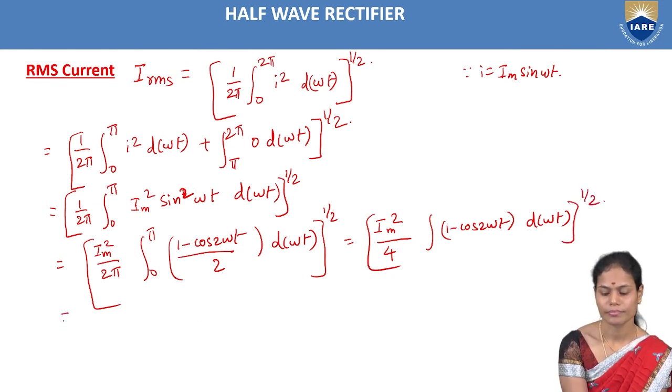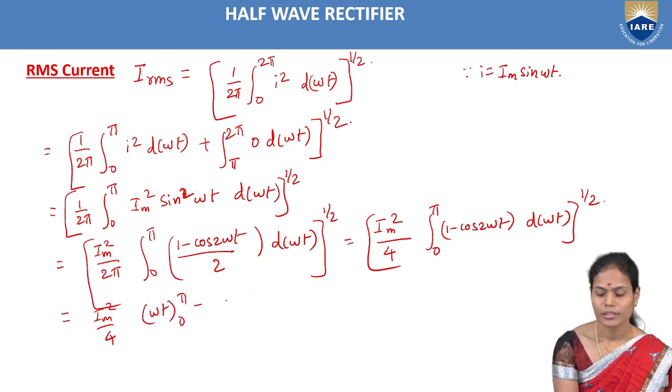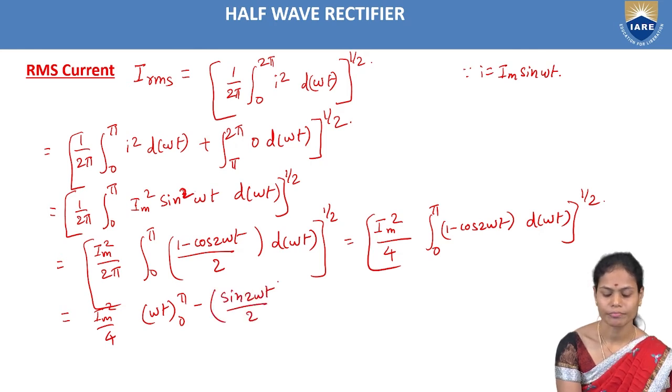Whole under root, that is Im square by 4 integral of 1 is omega t with the limits 0 to pi, minus cos 2 omega t integral is sine 2 omega t by 2 with the limits 0 to pi.